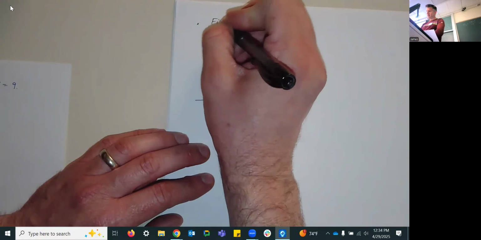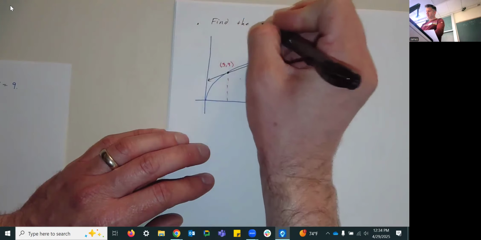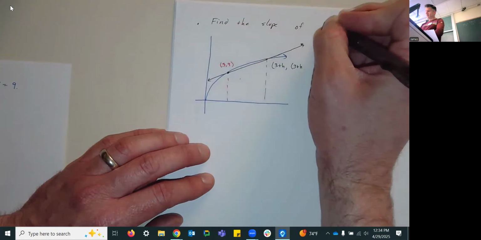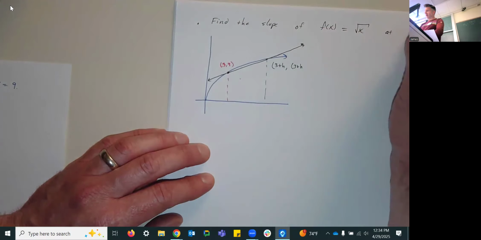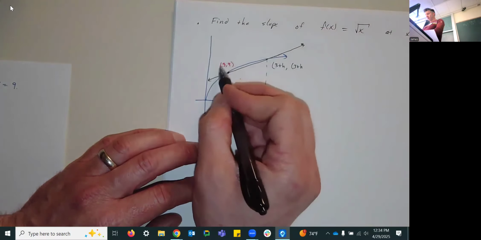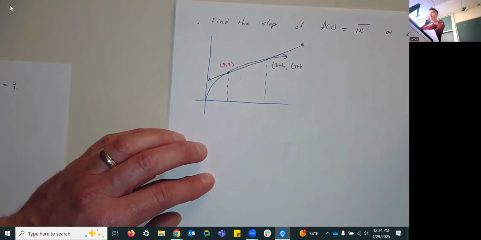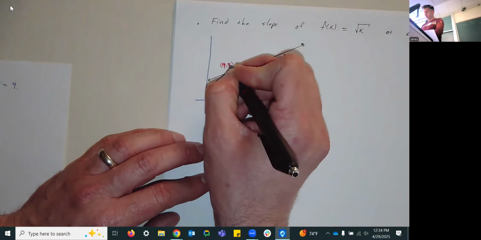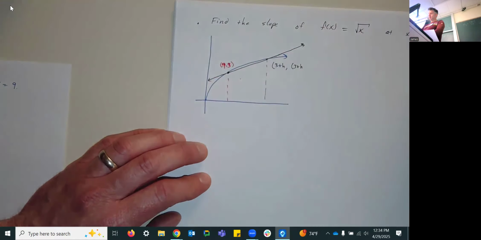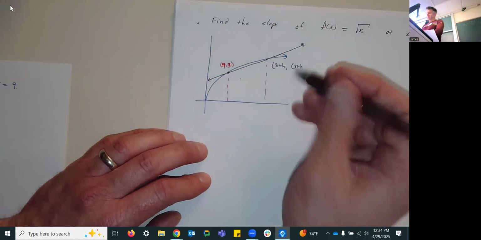Let me rewrite this here. Find the slope of f of x equal to the square root of x at x equals 9. So I mislabeled this point here. It shouldn't be 3 comma 9. It should be 9 comma 3. So I'm inputting 9 and out 3. Same deal here. This shouldn't be 3 plus h comma 3 plus h.